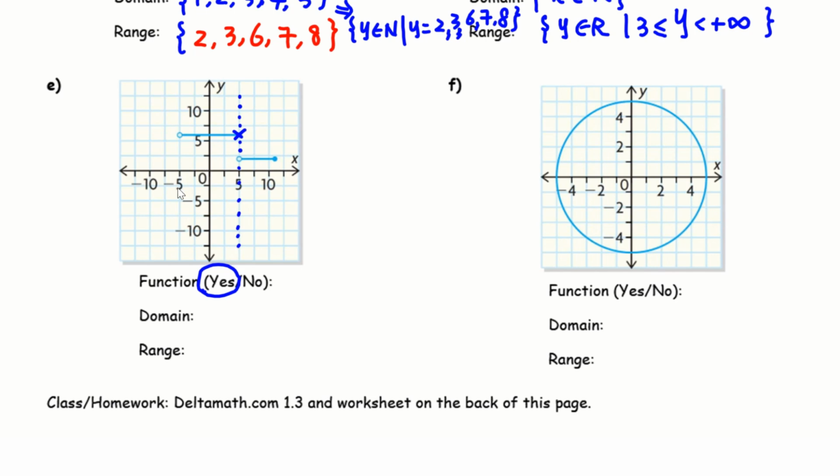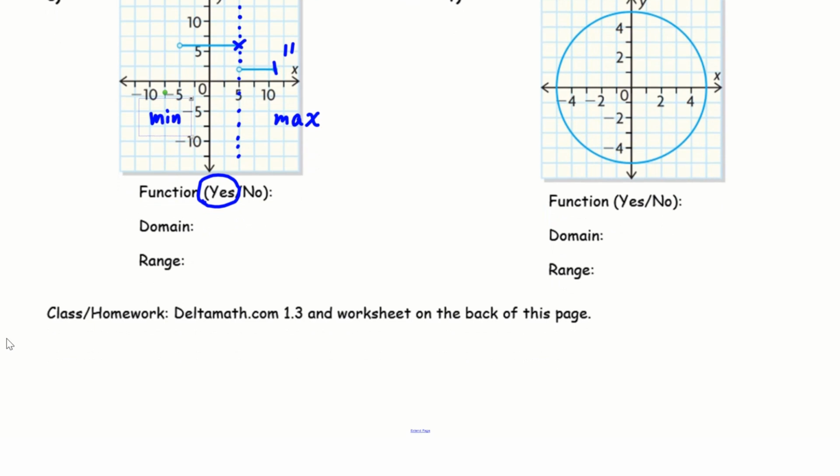So for the domain, we are going to look at the very left and the very right. Here -5 is your minimum, and the right end looks like 11. This point is around 11. 11 is your max. So for the domain, we could write x belongs to all real numbers because it's a continuous line.